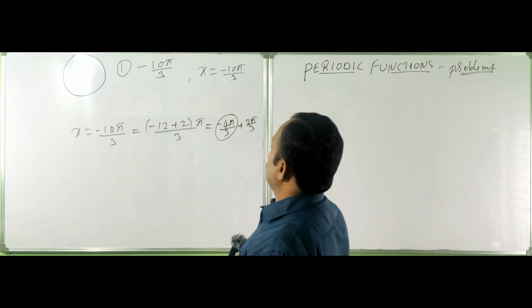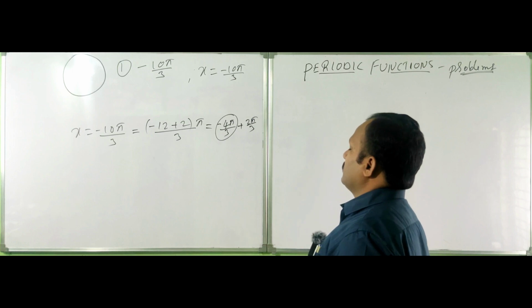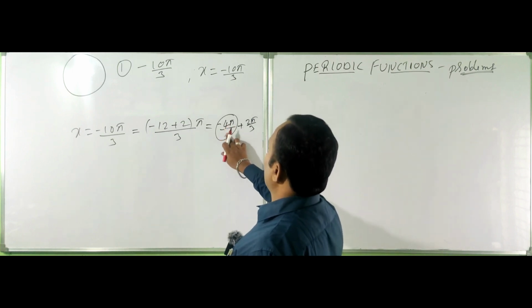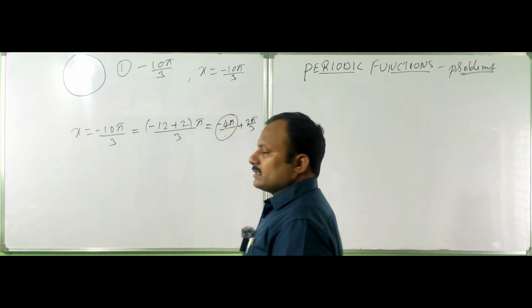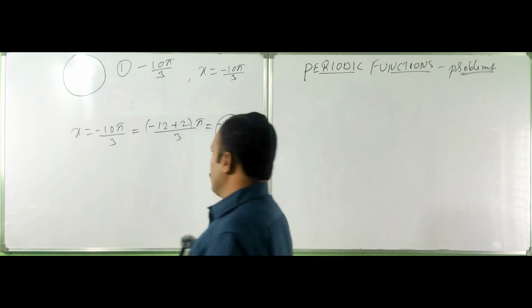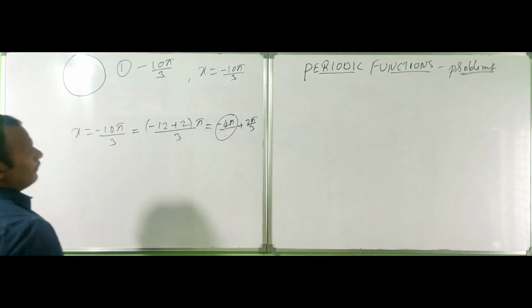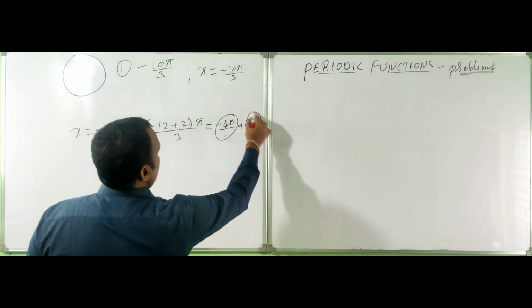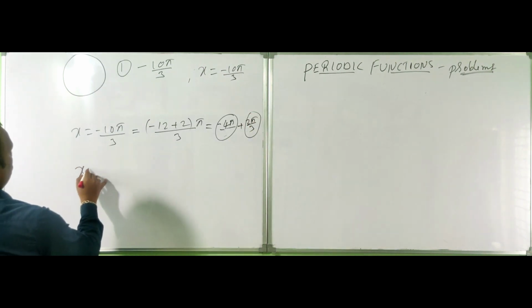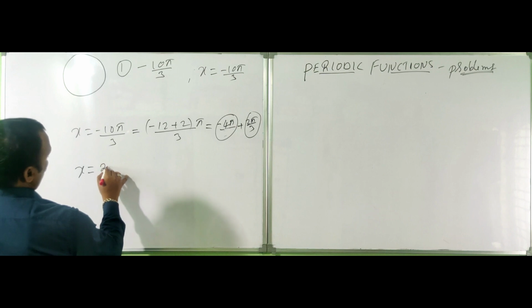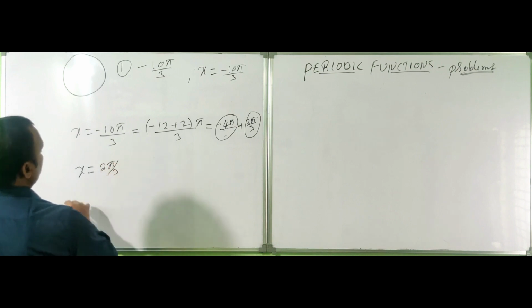The 4 pi is a multiple of the period 2 pi, so it gives the same value. Therefore, the positive equivalent value is x is equal to 2 pi by 3.